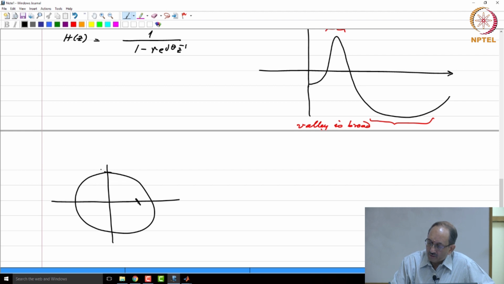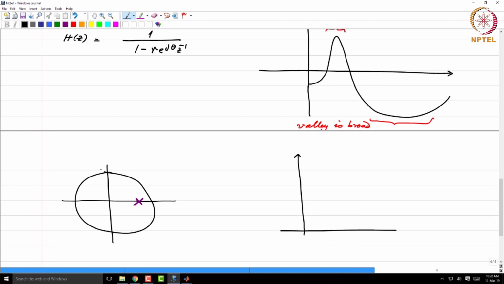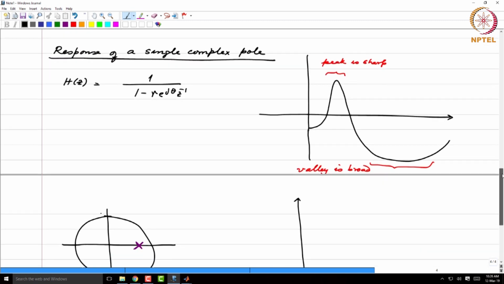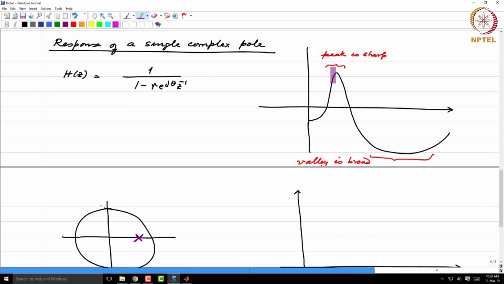Suppose I have a pole here. By the way, this goes both positive and negative because we are plotting the log magnitude.